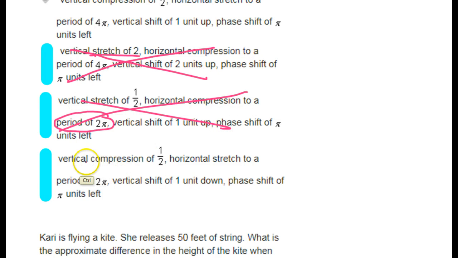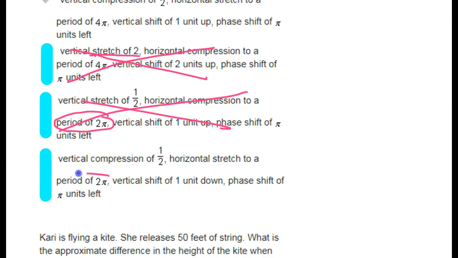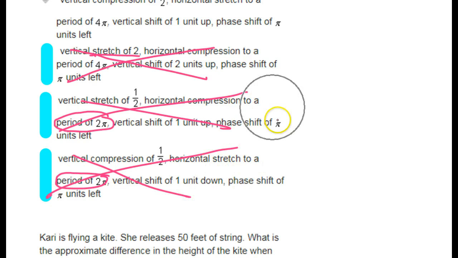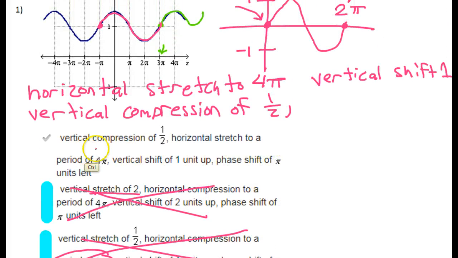This one again says compression. Oh no, that was the correct thing. That's not the problem. This one again says period of 2 pi, so that would be wrong. So even without the phase shift, which can be written multiple ways, we still would know that the first one was the answer.